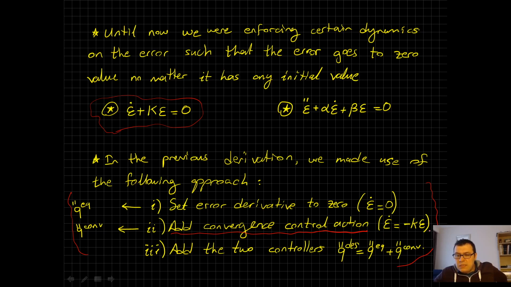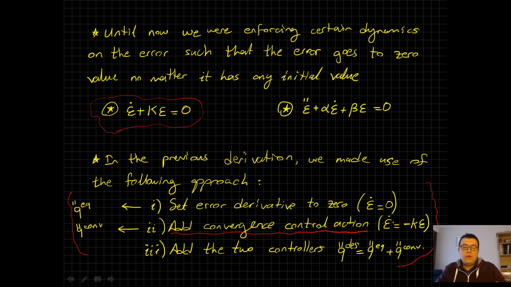Sometimes, rather than applying E dot is equal to minus KE, you can apply E dot is equal to mu times signum E. So you can use different convergence functions, and those different convergence functions affect the way your error converges to zero value.